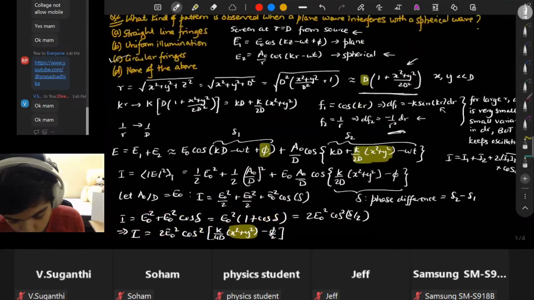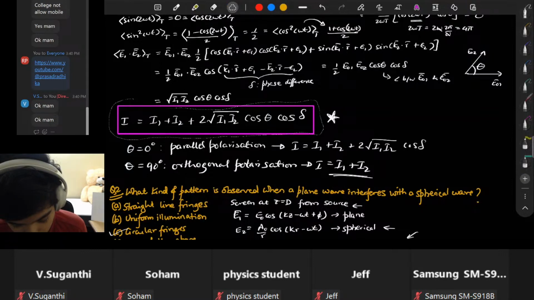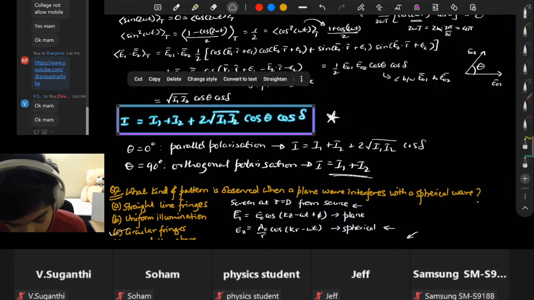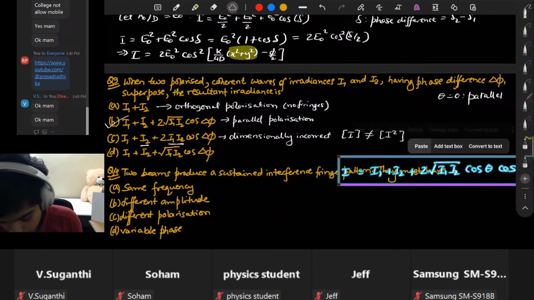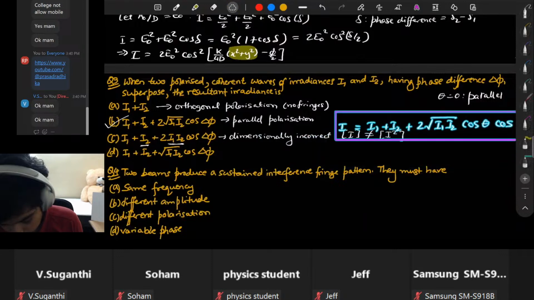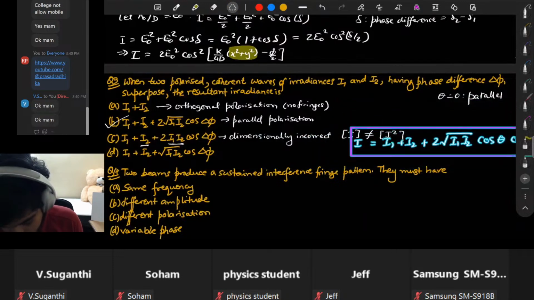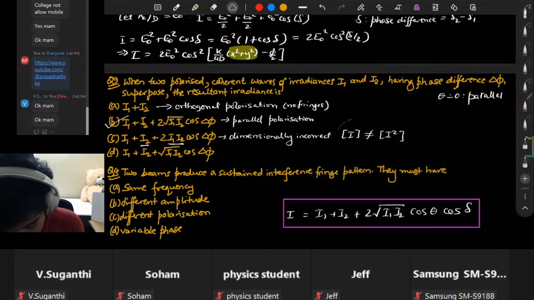Let me just copy this equation over here. This is very important. And paste it over here once again. I think I'm running out of some space, so let me bring this down here.